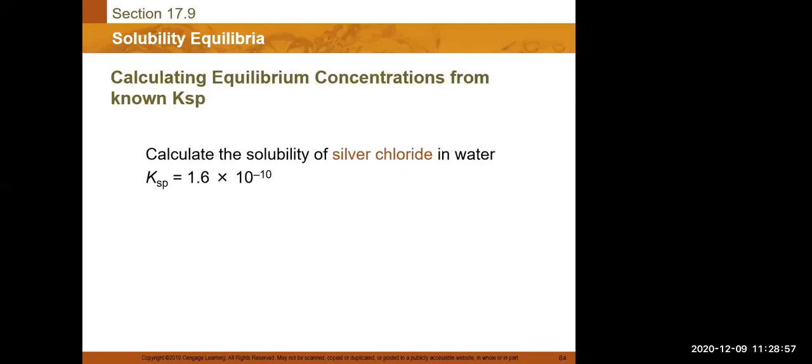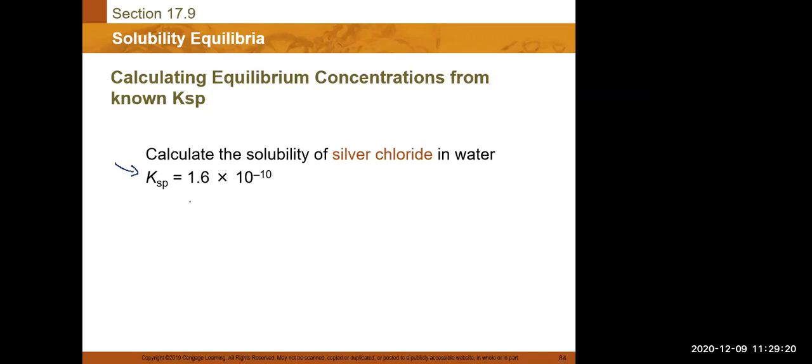All right. So calculate the solubility of silver chloride with a KSP of 1.6 times 10 to the minus 10. Let me show you how we would do this problem. In this case, which is a little different than the one we just had, we're given the K value and that's it. We're not given any other information.